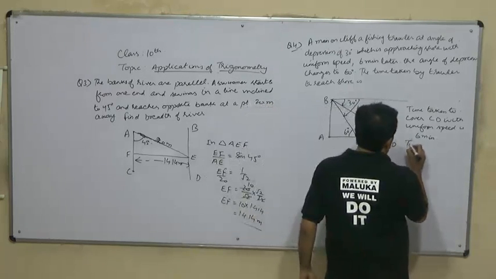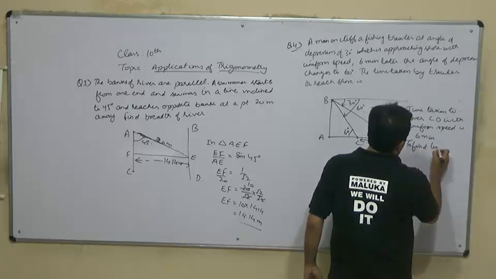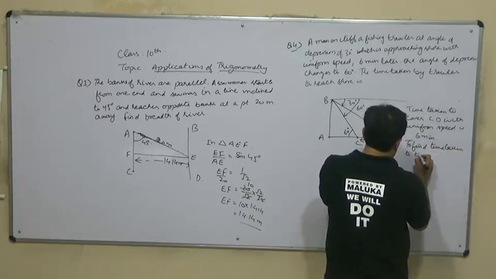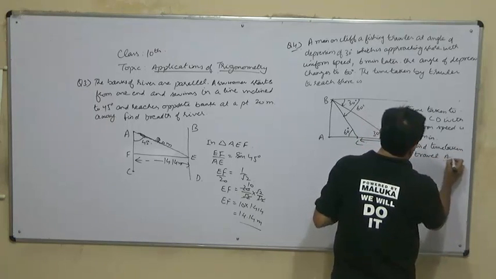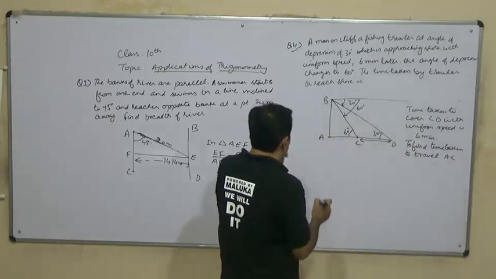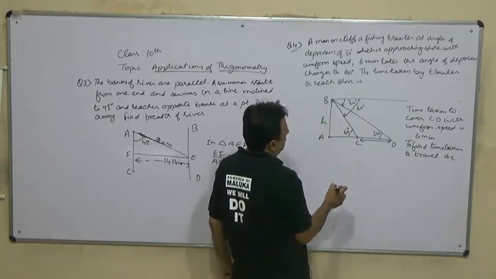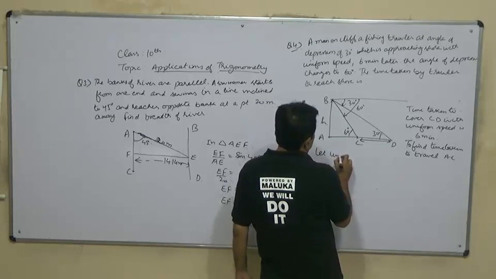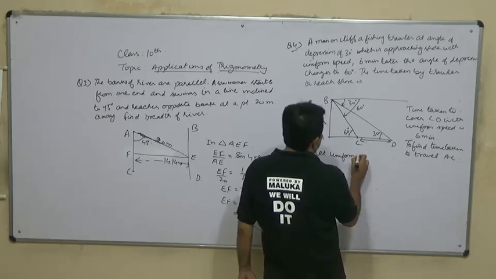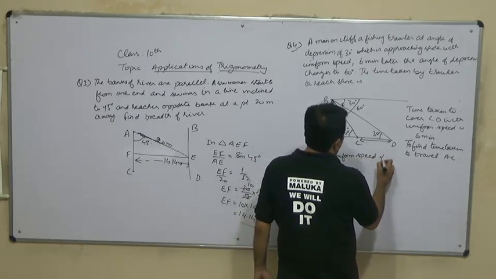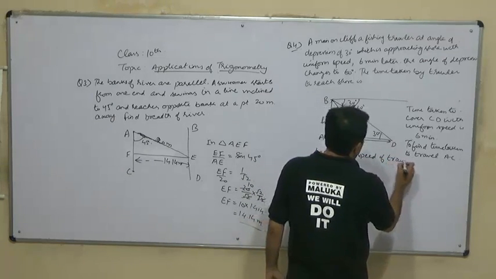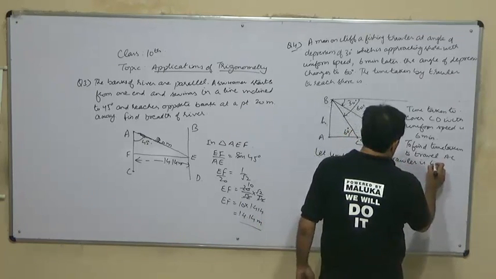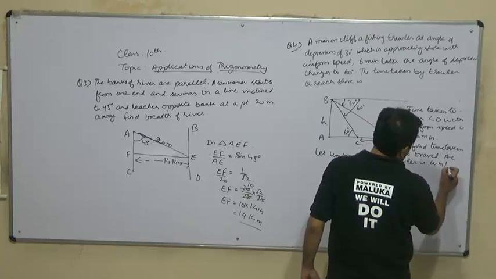Let this height AB be h and the uniform speed of the traveler be u meter per minute.